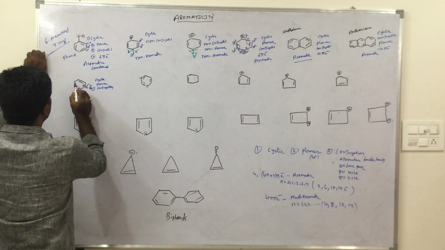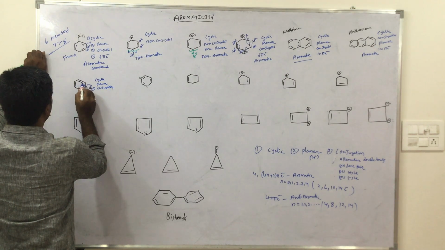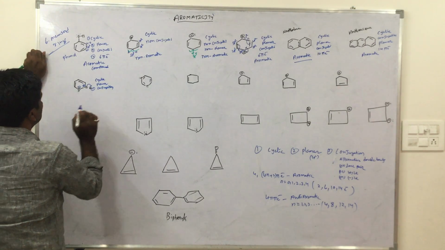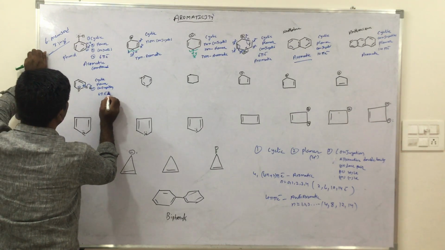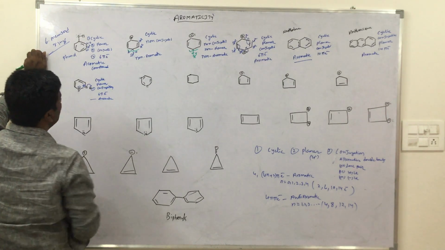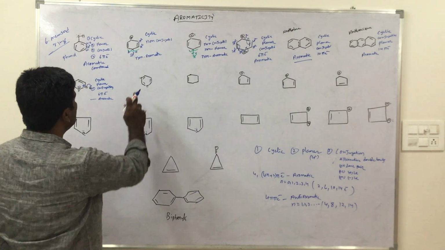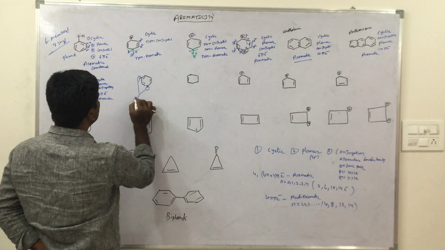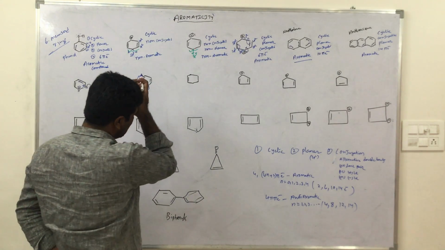How many electrons are present? 1, 2, 3, 4, and these two participate in conjugation. Total 6 pi electrons, which belongs to aromatic. See here, this lone pair and this lone pair cannot participate in conjugation.